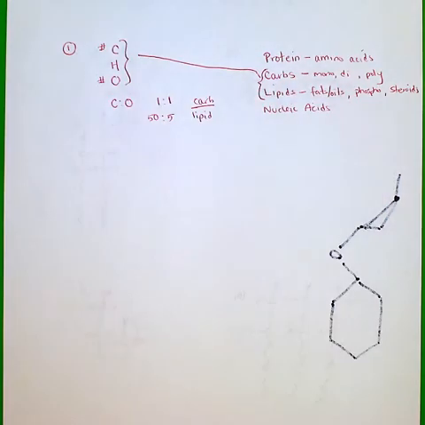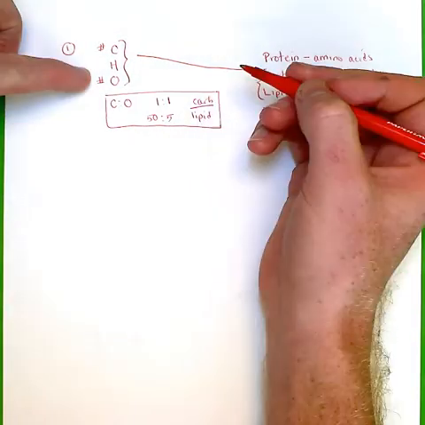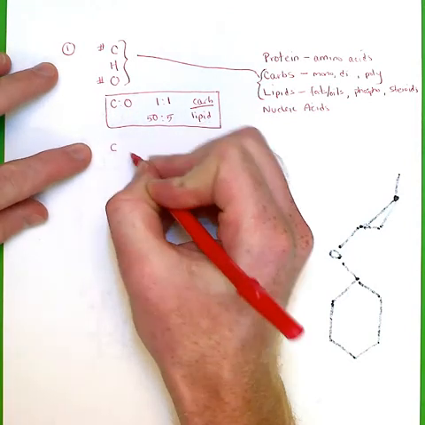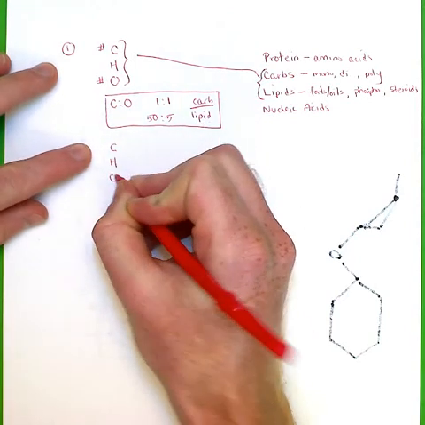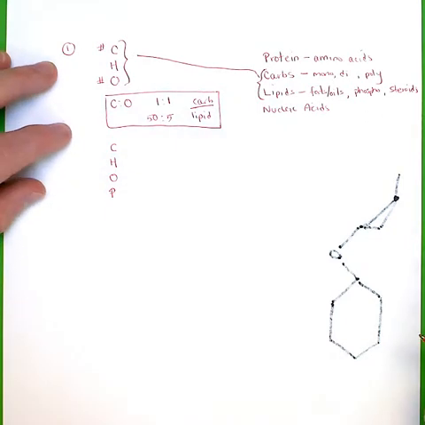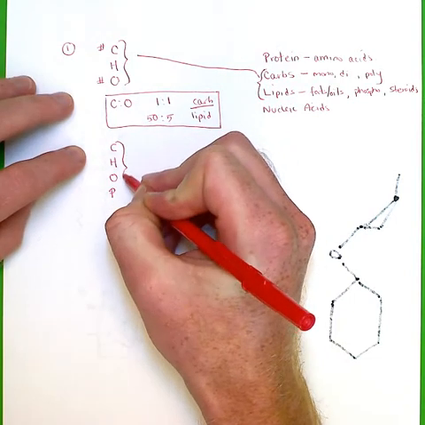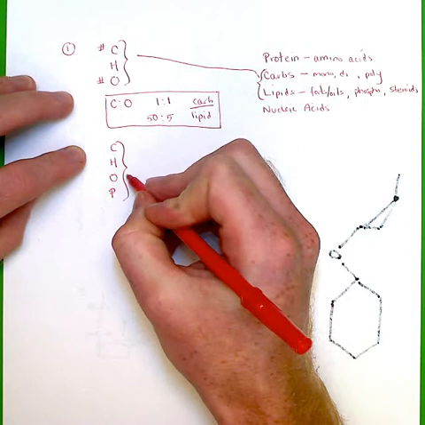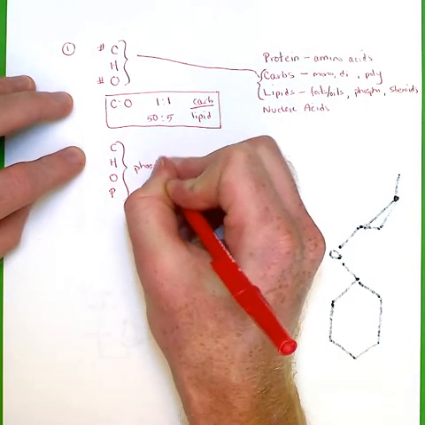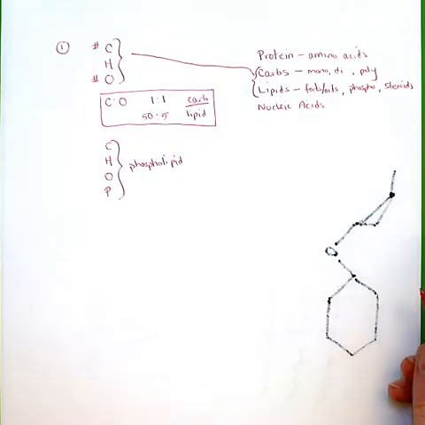Now, let's take this a step further. You have carbon, you have hydrogen, you have oxygen, and you have phosphorus. If you get this combination, CHOP, that tells you automatically that you have a phospholipid, because nothing else is going to have that combination.